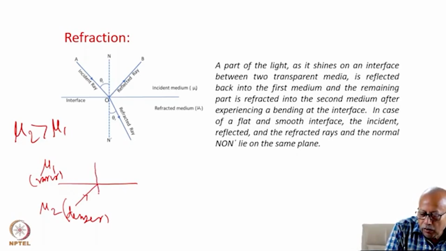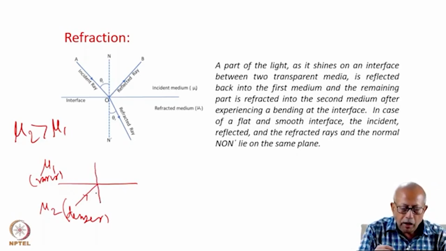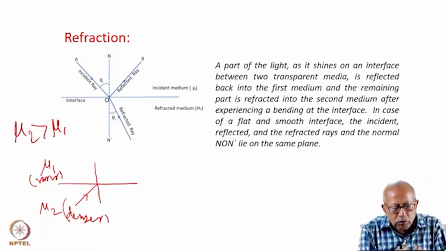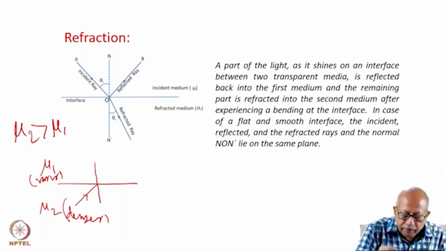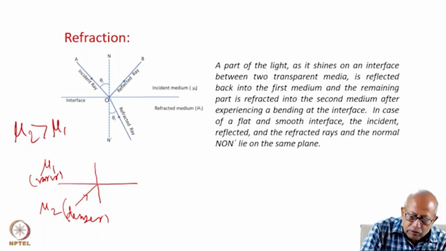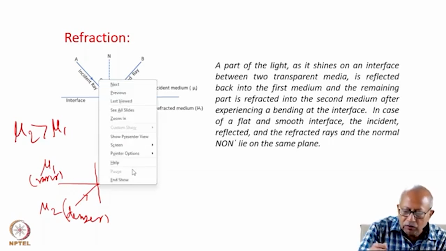This is the normal. And first let us just assume mu2, mu1. Let us not bother about which is denser, which is rarer. After this refraction, let us assume light bends away from the normal.